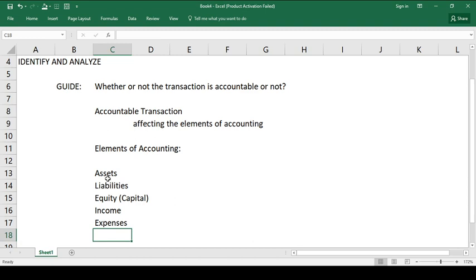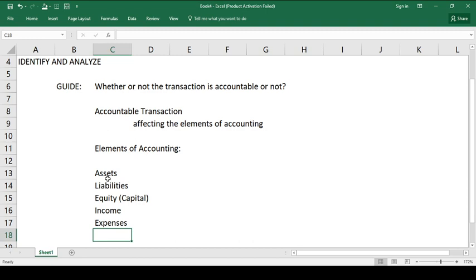Another question that will come into your mind is that alam ko po that we need to identify whether or not it is an accountable transaction. Sunod na tanong mo, what is an accountable transaction? An accountable transaction are those transactions affecting the elements of accounting. From the definition, another question pops up in your mind, and that question is, what are the elements of accounting?